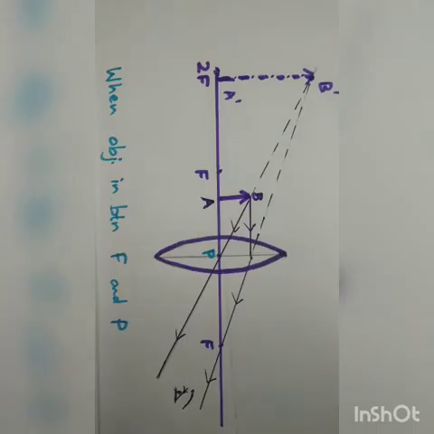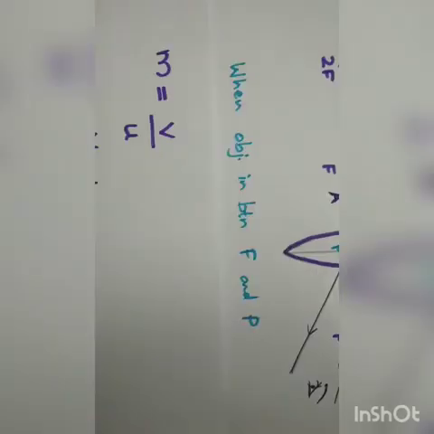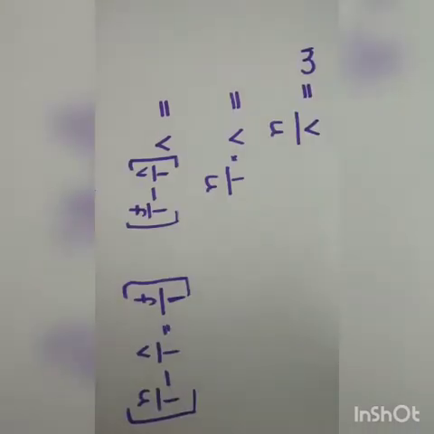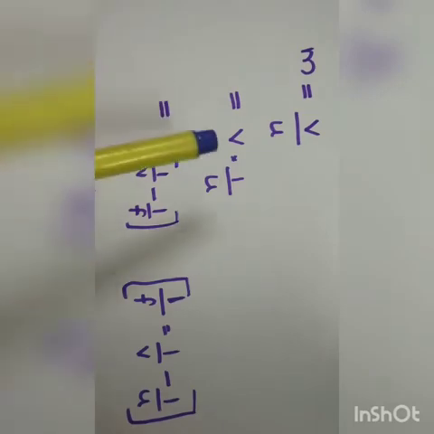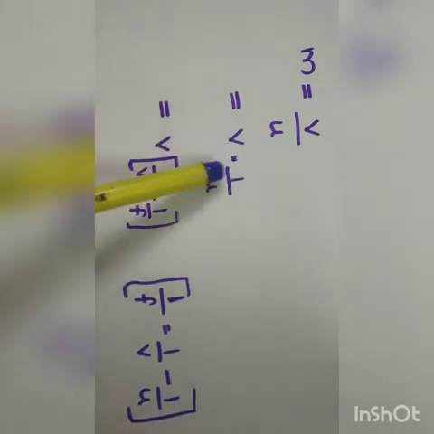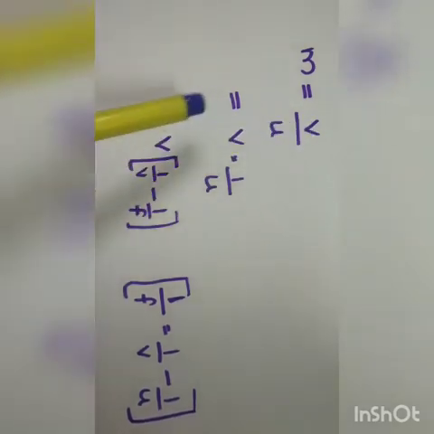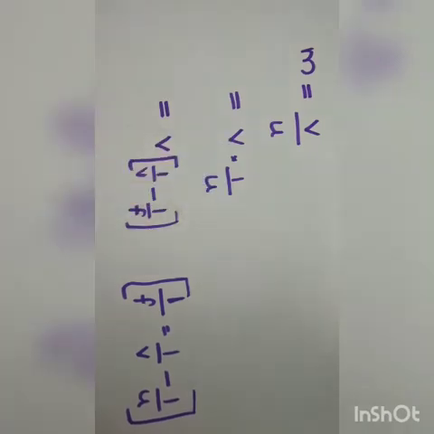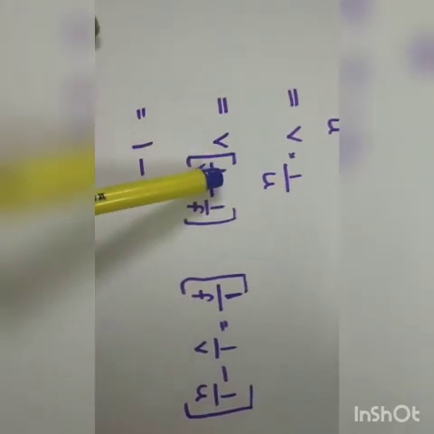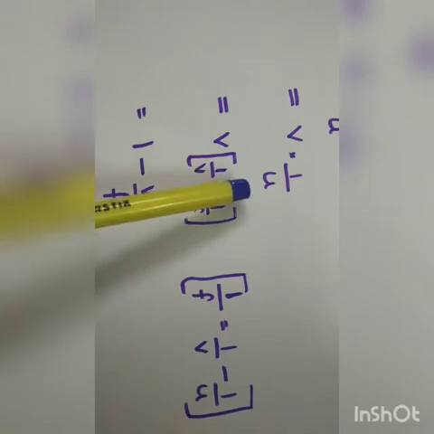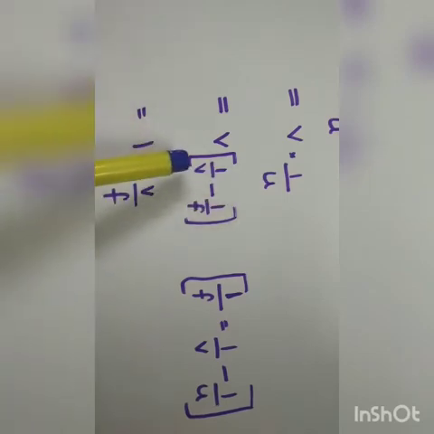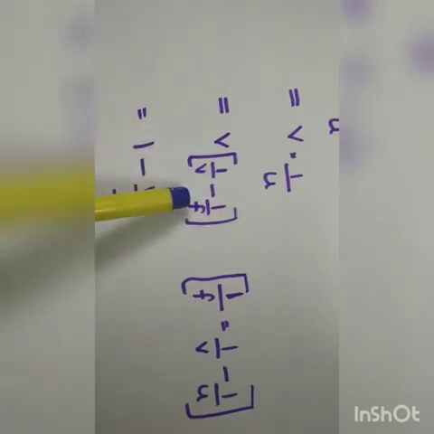Let us find out the magnification in this case. We know that magnification M is equal to V by U. I can write this as V into 1 by U. Now, what about 1 by U? 1 by U I have replaced by 1 by V minus 1 by F. How did I get that?